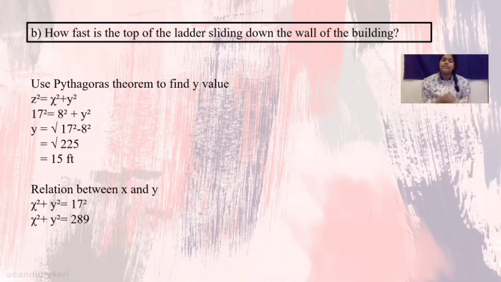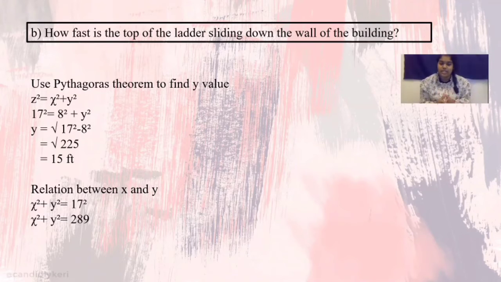We are using Pythagoras theorem because the problem is dealing with a right triangle. Furthermore, we need to relate the rate at which y is changing, dy/dt, to the rate at which x is changing, dx/dt. And so, we first need to write down the equation that relates x and y.